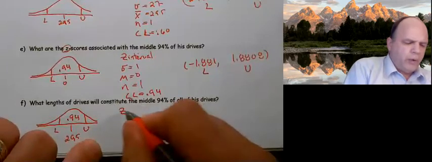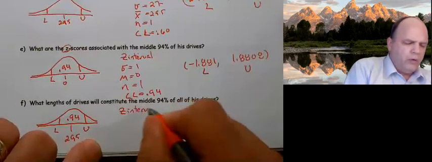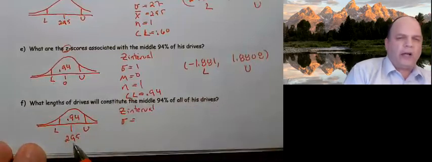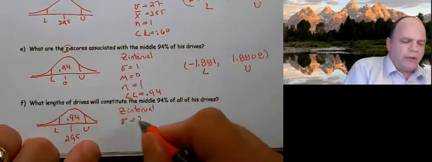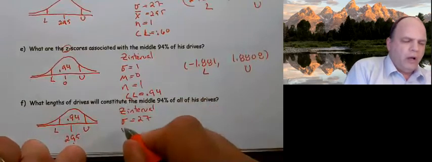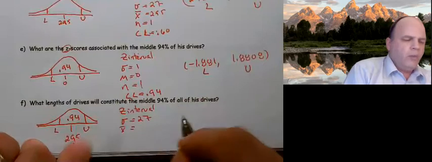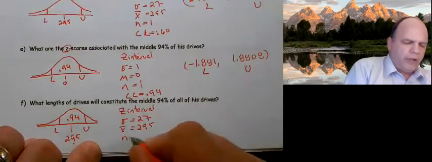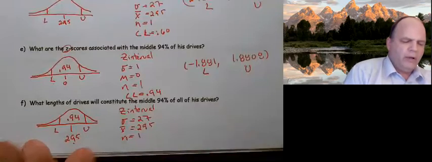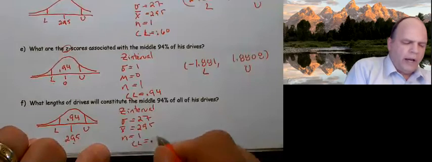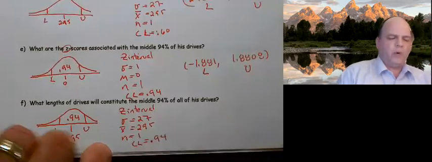We're still going to be working with a z interval. So we're going to have a standard deviation, and since we're using actual values, the actual drives, our standard deviation is 27. Our mean was 295. We didn't have a sample size, so we used 1. And we're using a confidence level of 0.94 because that's what they asked for.